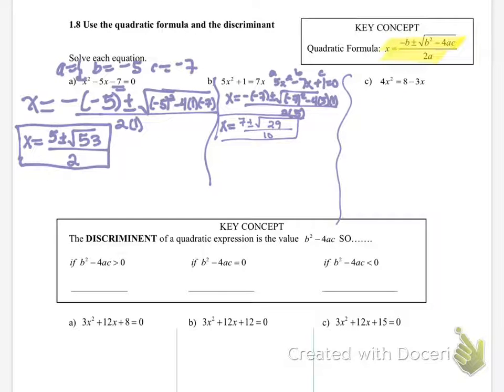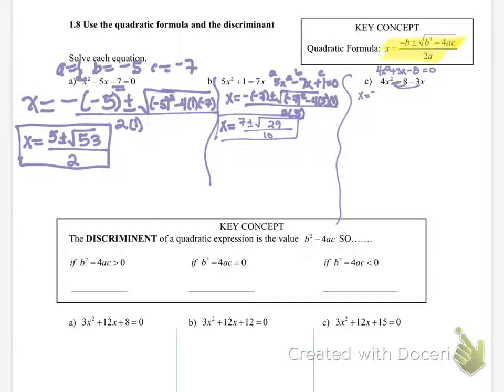If you look at the next example here, we need to get everything on the same side before we can identify A, B, and C. So 4x squared plus 3x minus 8 equals 0, right? Because when you move the 8 over, you subtract 8 and add the 3x. So now I'm ready to plug it into the formula.